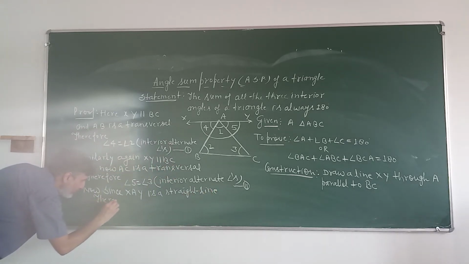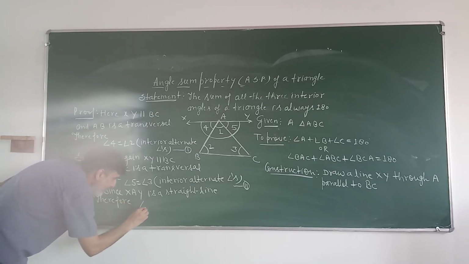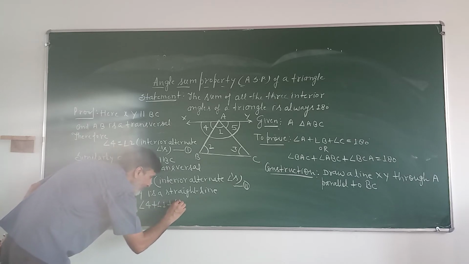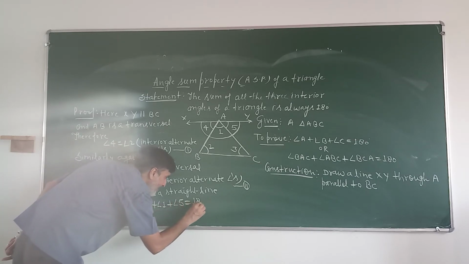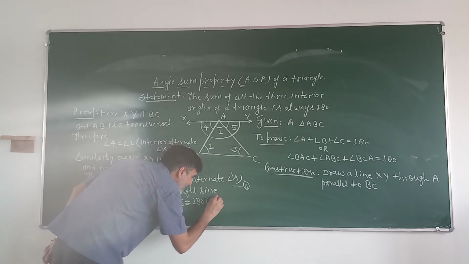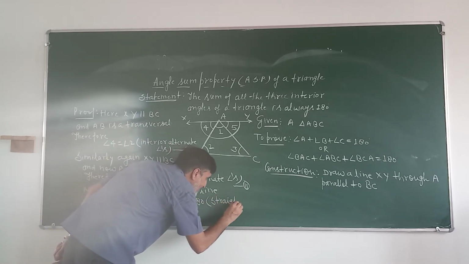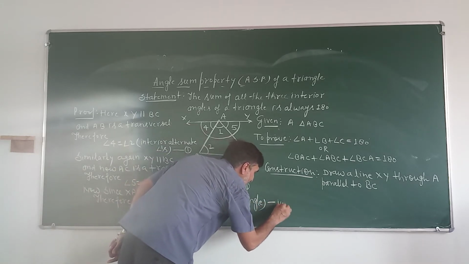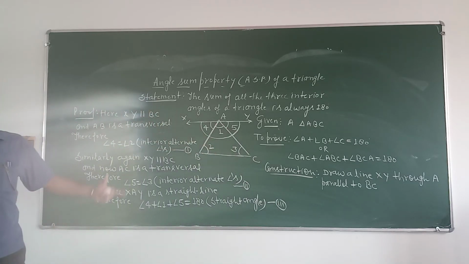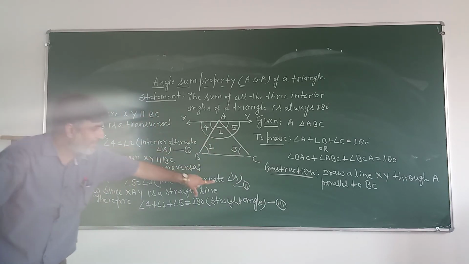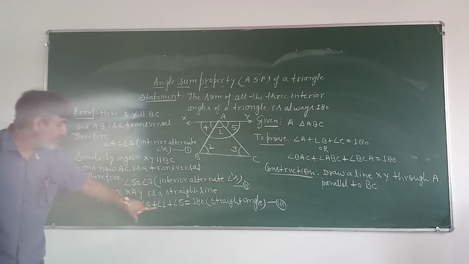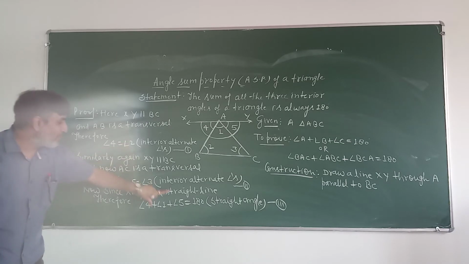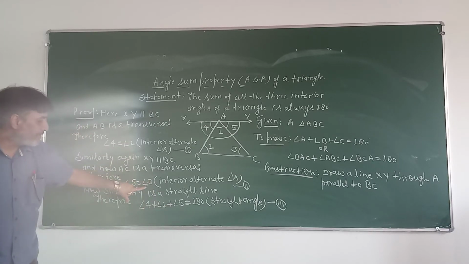Therefore angle 4 plus angle 1 plus angle 5 equals 180 degrees. And what is the reason? The reason being that it is a straight angle. Let this be relation third. And now using relation first and second in relation third, in place of angle 4, we can write angle 2, and in place of angle 5, we can write angle 3.